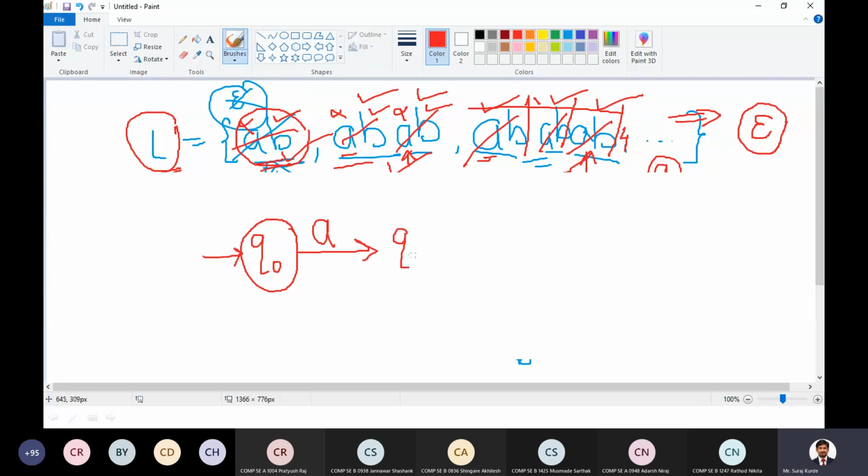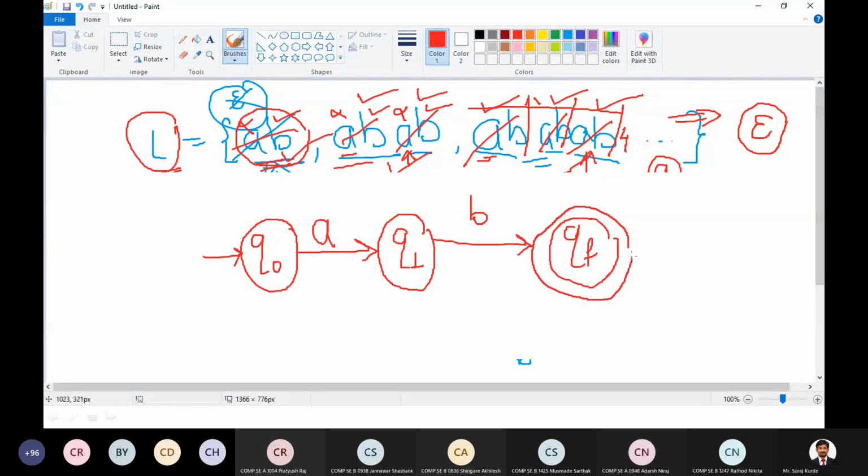So first A, Q1, then for B, QF, and from QF on input A, non-final state, again on input B, final state. This is the DFA for the given language.